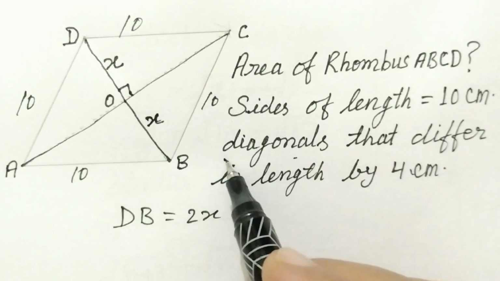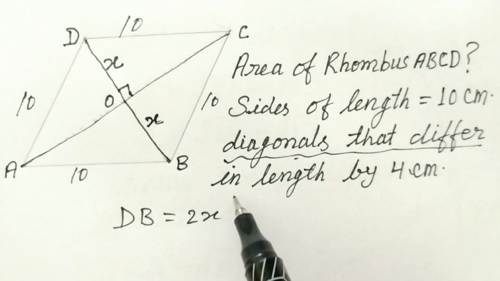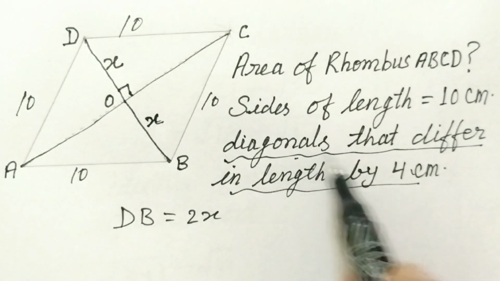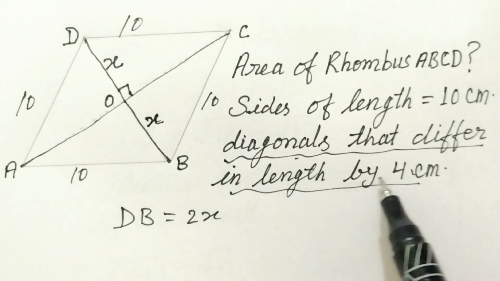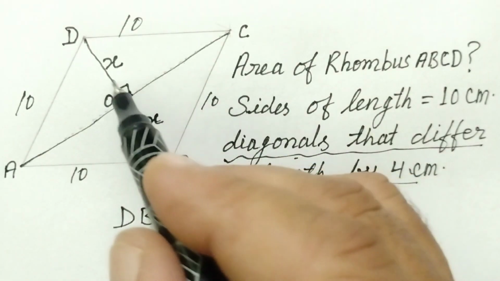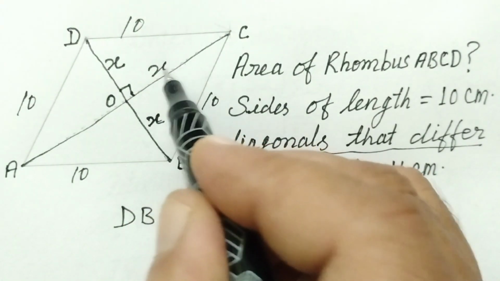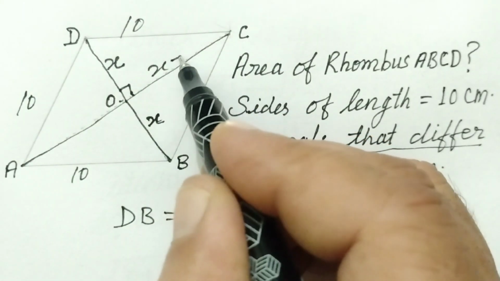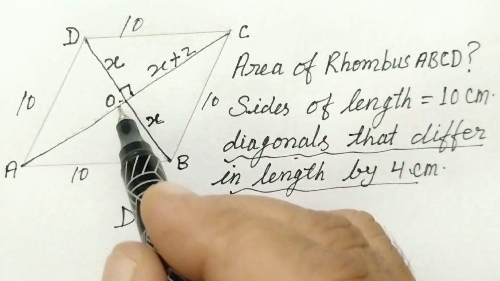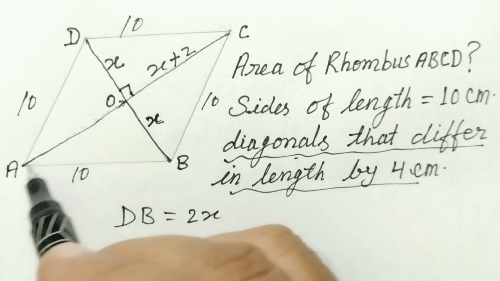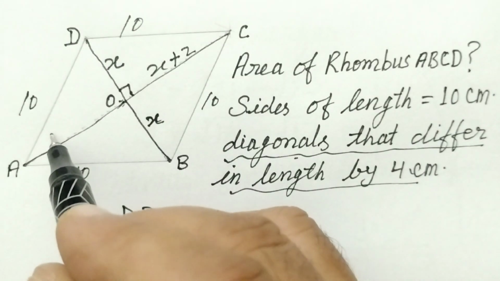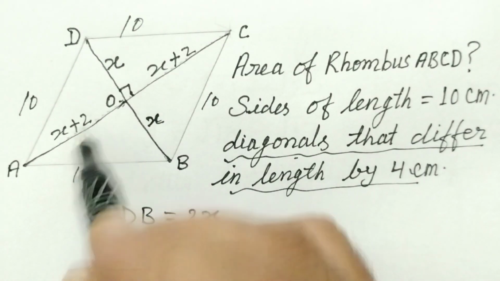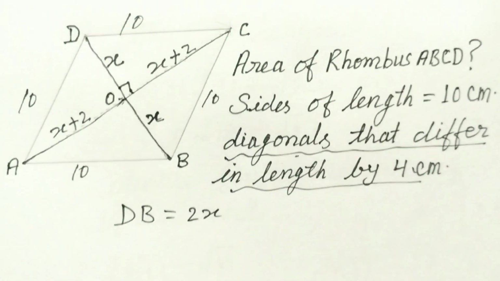According to the condition that the diagonals differ in length by 4 centimeters, OC will be x plus 2 and OA will also be equal to x plus 2.